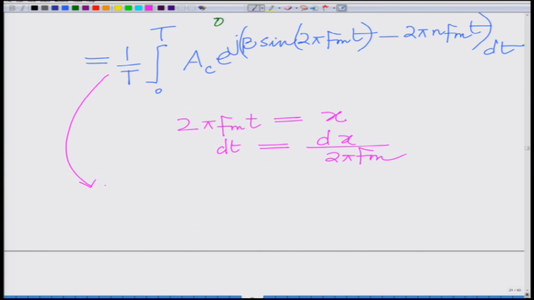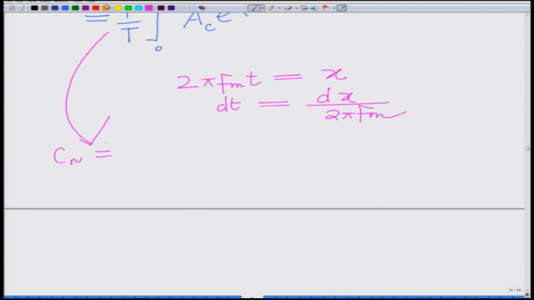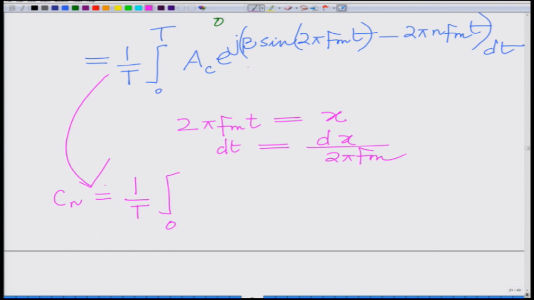Therefore, this integral for Cn will become, substituting 1 over T, the limit becomes 0 to, well, x equals 2 pi fm T. So the upper limit will be 2 pi fm times capital T, but fm equals 1 by T.